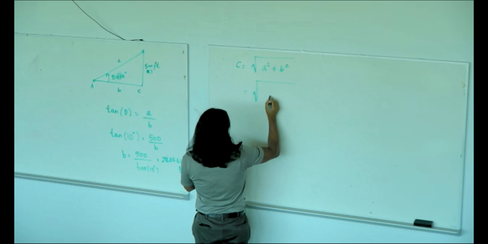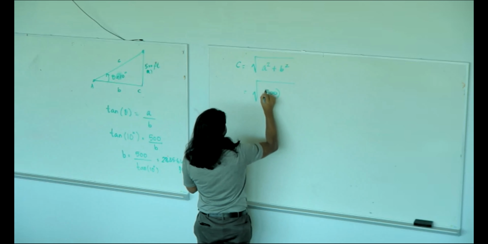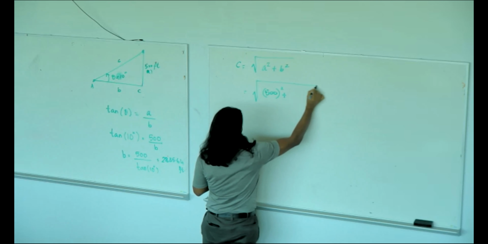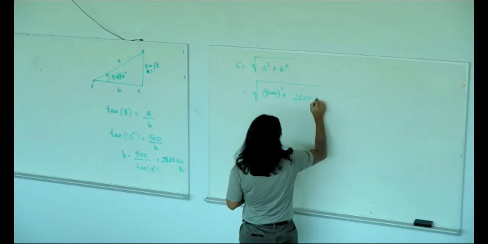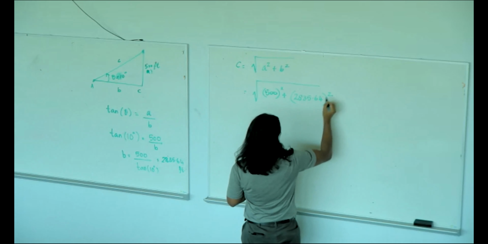So A is 500 squared, plus B, the value we just found, 2835.64 squared.